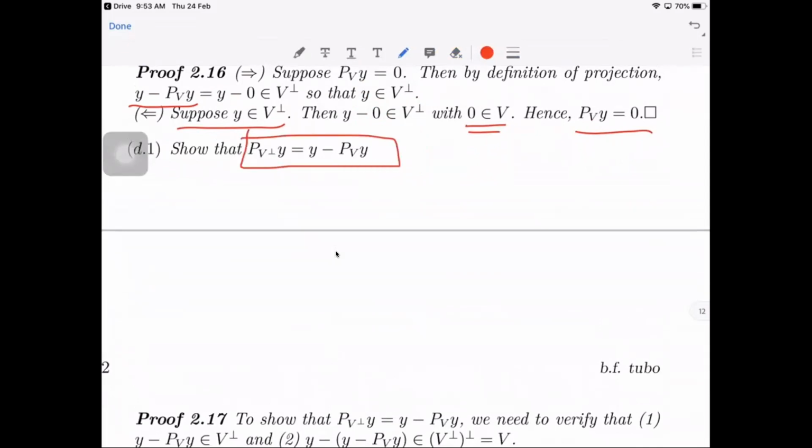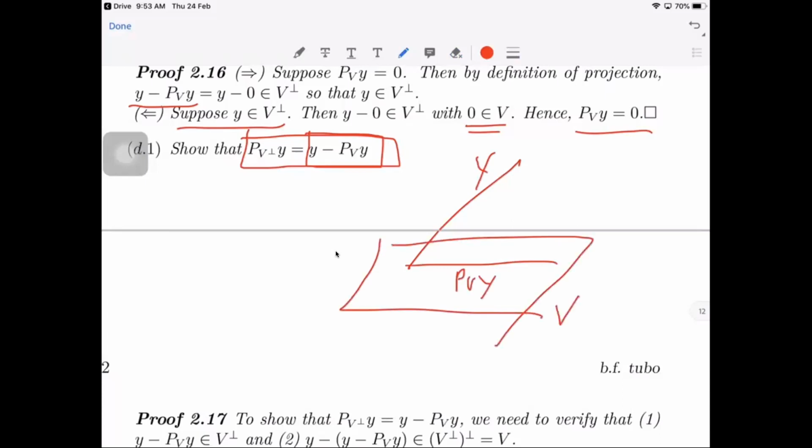Okay, unsa may projection sa y sa V perp? By definition, di ba? Mao na si y minus the projection. If this is y, this is the projection of y onto V in your space V. Ang y minus the projection of y onto V is actually the projection on V perp.